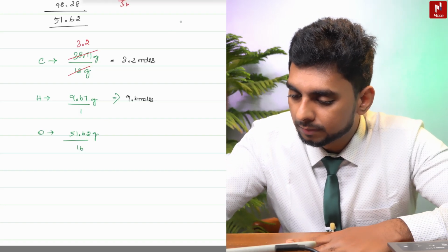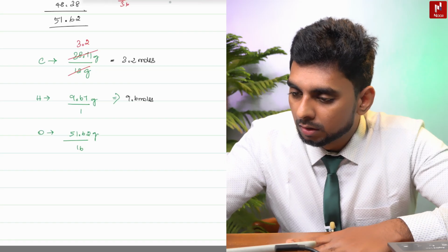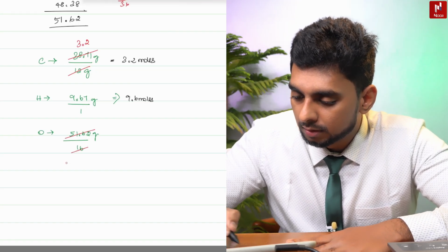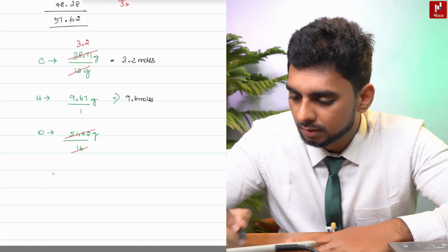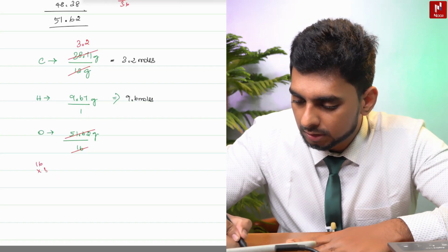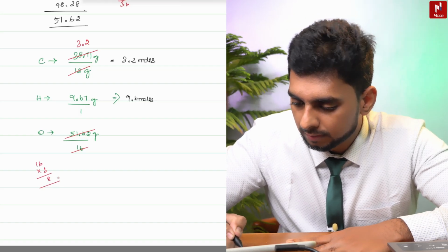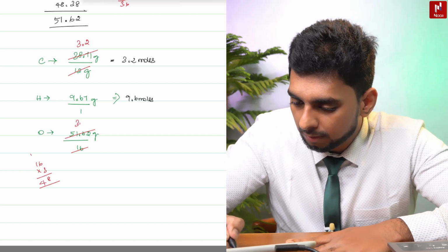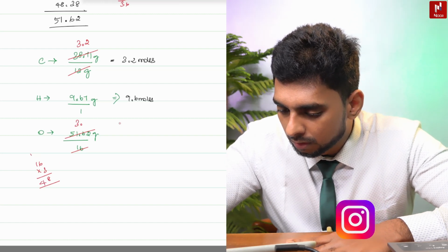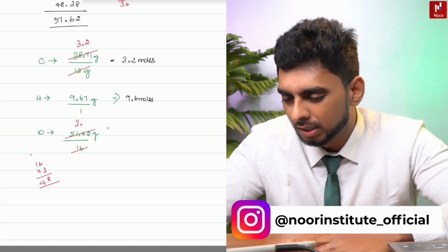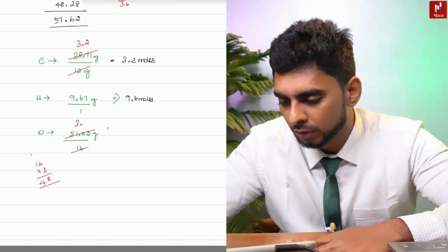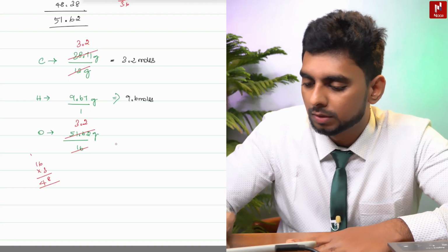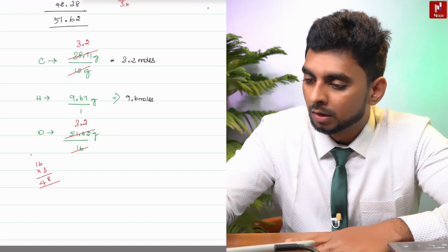If I do the solving, let me compare it with multiples of 3. 16 into 3 will give you 48. So it is 3.2 moles, the closest approximation. Therefore the next one has to be close to 3.2 moles. Fine.